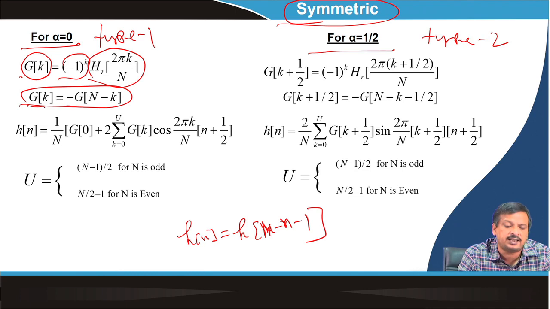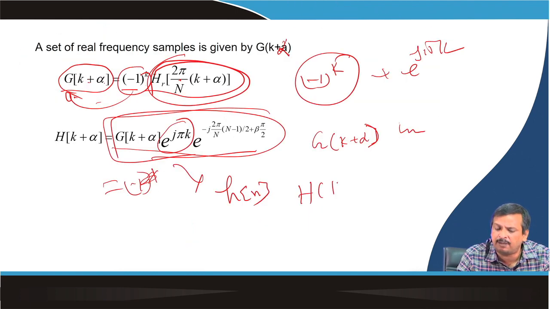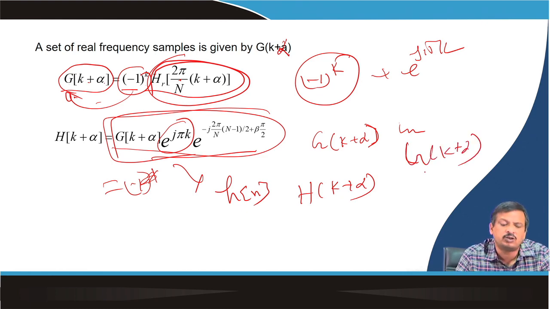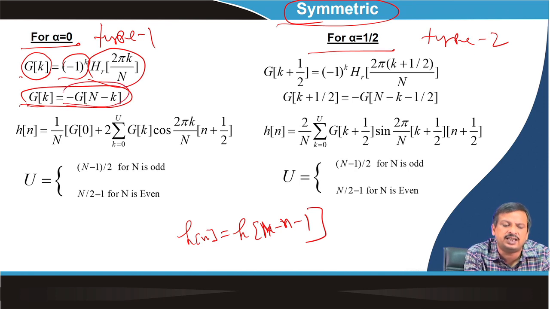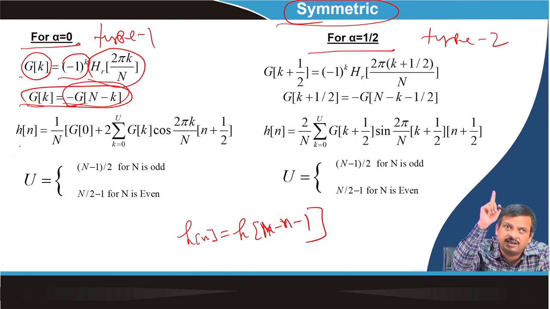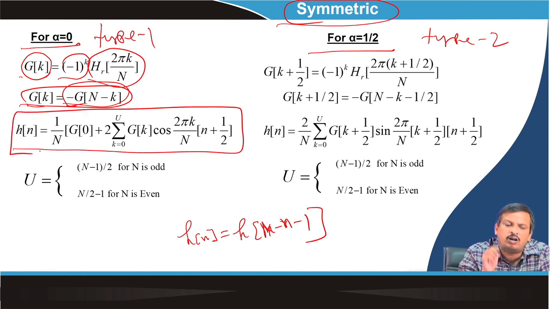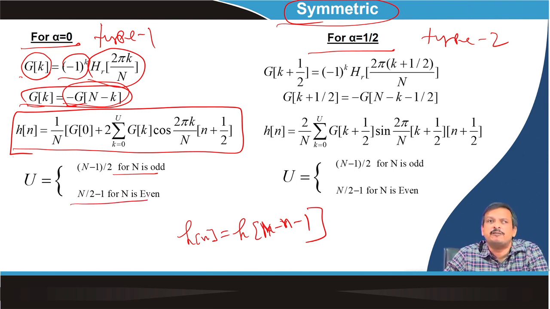If h(n) is symmetric, then G(k plus alpha) is also symmetric, the same as the frequency response. So I can say G(k) is equal to minus G(N minus k). Then if I derive that equation using the linear phase filtering methods which I described in lecture number 2, I get this impulse response of type 1, alpha equal to 0, with u equal to (N minus 1) by 2 for N odd and u equal to N by 2 minus 1 for N even.